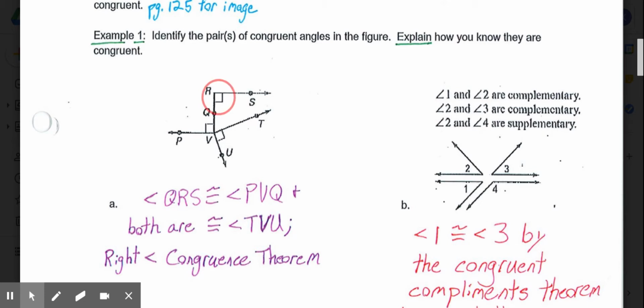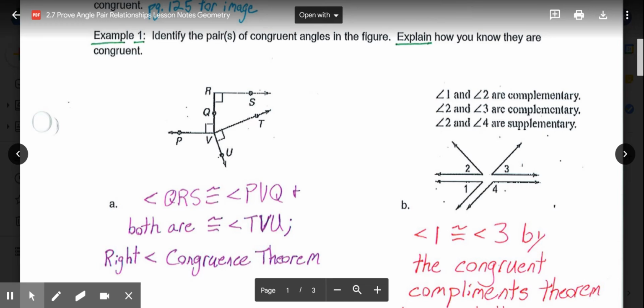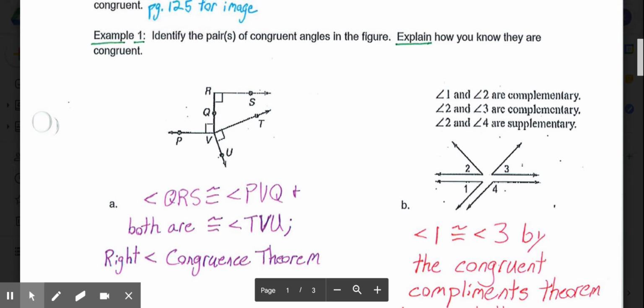QRS is a right angle from that right angle symbol there. And TVU is also a right angle. So what do I know are congruent? I know QRS is congruent to PVQ, and both of those are congruent to TVU because all three are right angles, so all three are congruent to each other due to the right angle congruence theorem.